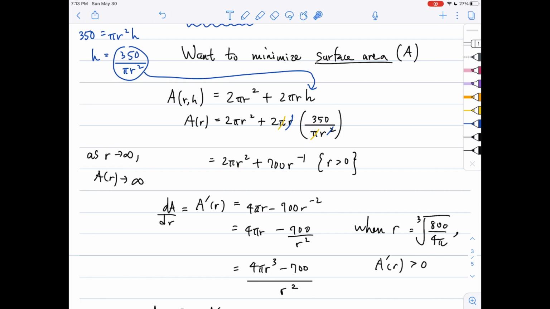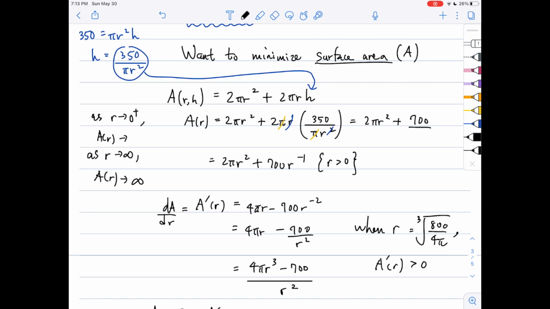Now, as r goes to 0 from the right-hand side, because the radius has to be positive, the area function, this is where it's a little bit tricky. So you kind of have to look at, maybe I'll write it in this form. It's a little bit easier to see it in this form.